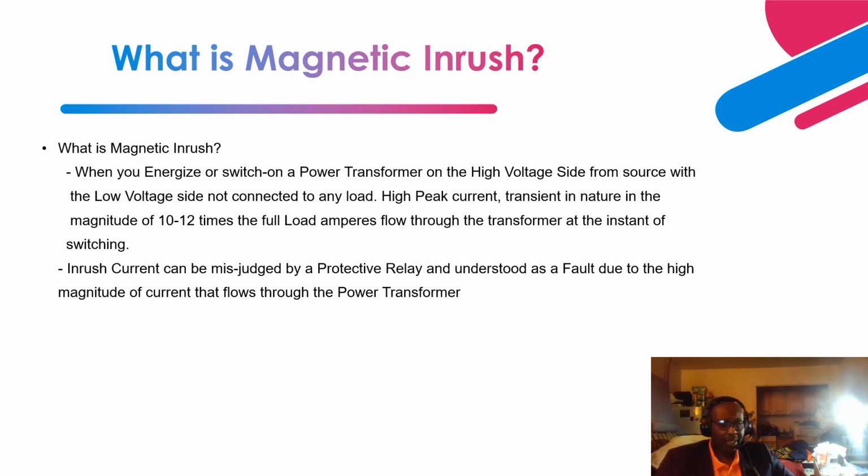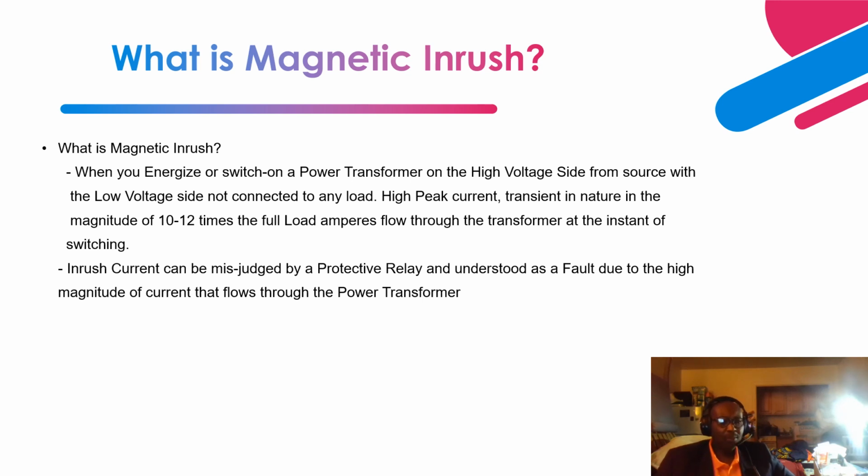For larger power transformers, you can see peak current of up to 30 times the full load amperes, depending on whether there was a residual flux embedded in the core of the power transformer by the time you energize it, and also depending on the instant of energization on the sinusoidal wave.